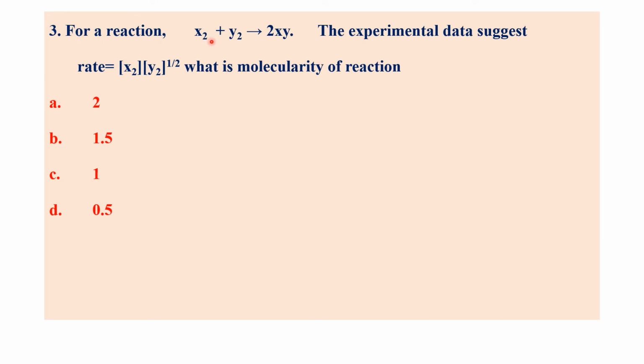For a reaction, X2 plus Y2 will produce 2XY. The experimental data suggest rate of reaction is equal to X2 coefficient of 1, Y2 coefficient of half. What is the molecularity of reaction? 2, 1.5, 1.5.